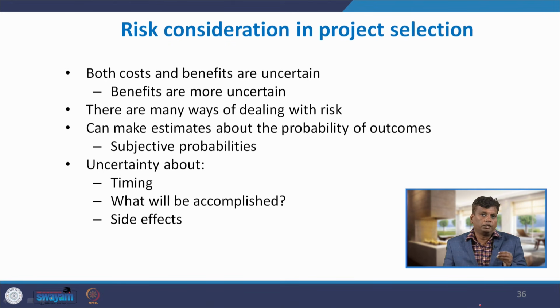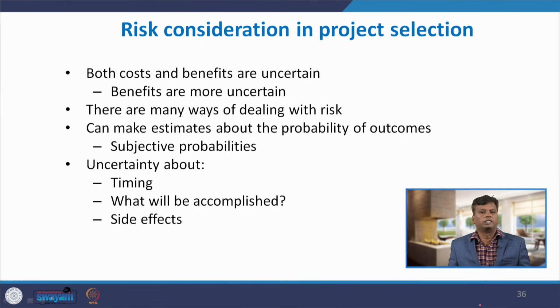The benefits are more uncertain than the cost, because that is the future benefit, which you may not know. There are many ways of dealing with risk. We will be studying project risk analysis in detail. We can make estimates about the probability of outcomes. Instead of going for only one numeric value to choose a project, we can see the probability of that outcome, how it is behaving over a period of time. Based on that, we can choose the project. For example, we can use subjective probabilities also.